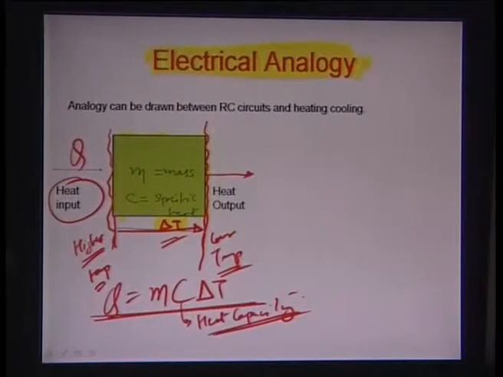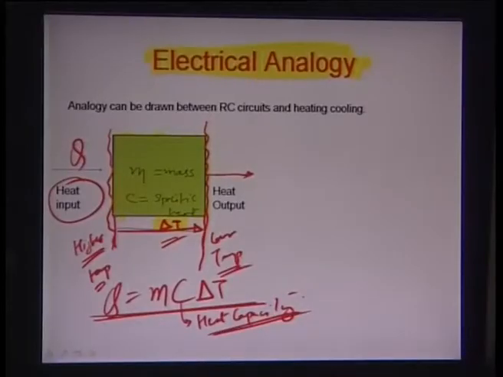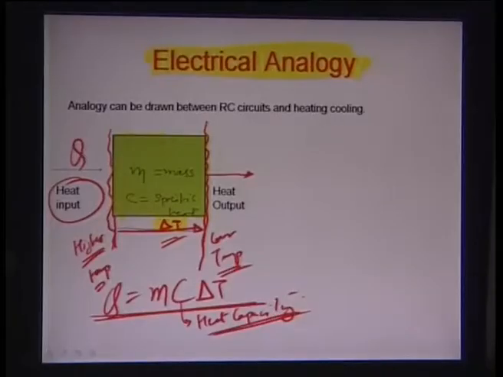So Q in the thermal system is essentially an equivalent of charge in the electrical system, and it is very well founded that there should be analogous terms for V, the voltage in an electrical system, to the temperature in the thermal system, and also the capacitance in an electrical as opposed to the thermal system.